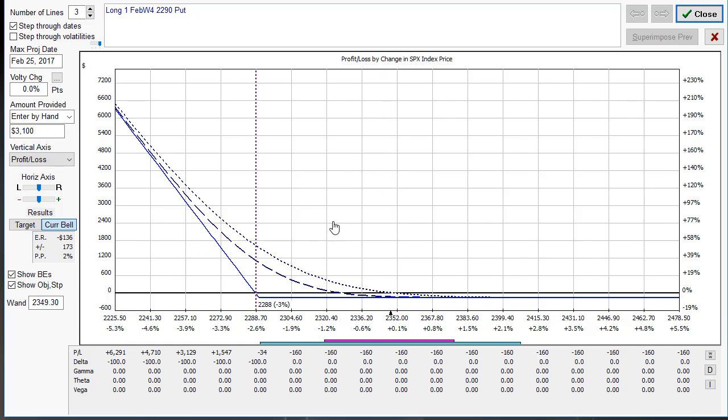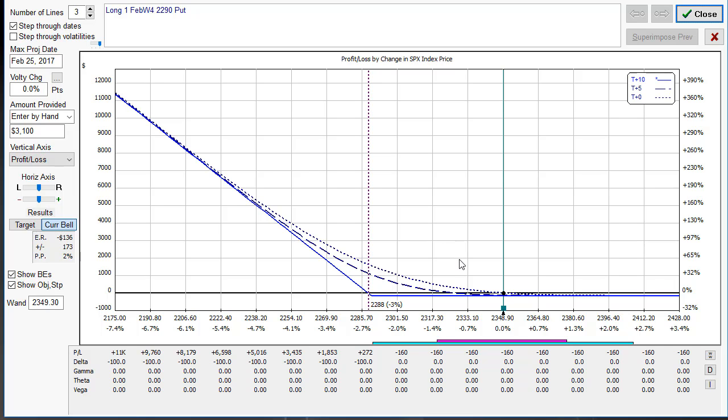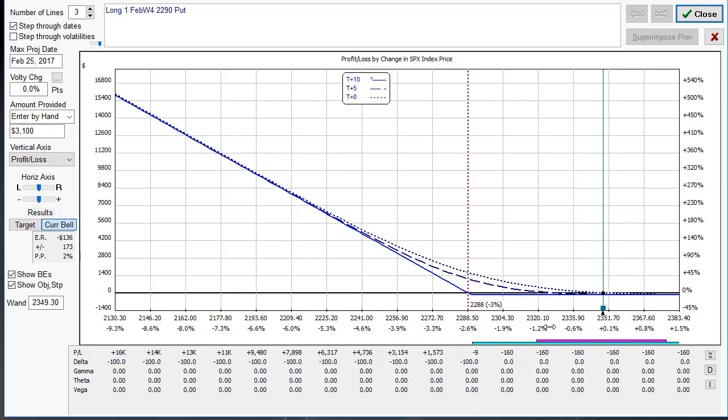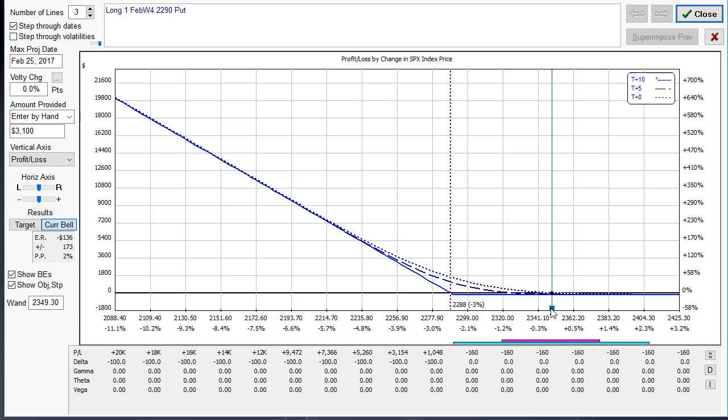I am not trying to make money on that. But if we get, for example, let's just say a 10% correction down, and the market opens up 10% down here, right? 10% move, and we find ourselves down at 2111. Well, that $160 has just returned you $17,670. All right.